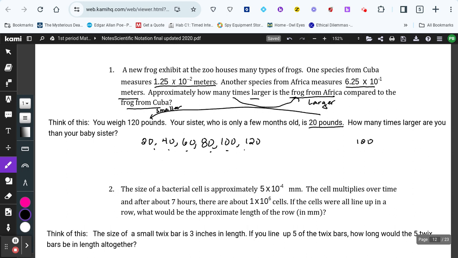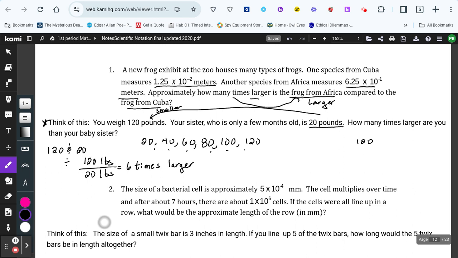But to get 6 from 120 and 20, you would have to divide both of these numbers. And you would have to put the larger number first. And that will give you 6 times larger. So the same thing you applied for this is what you apply for number one.